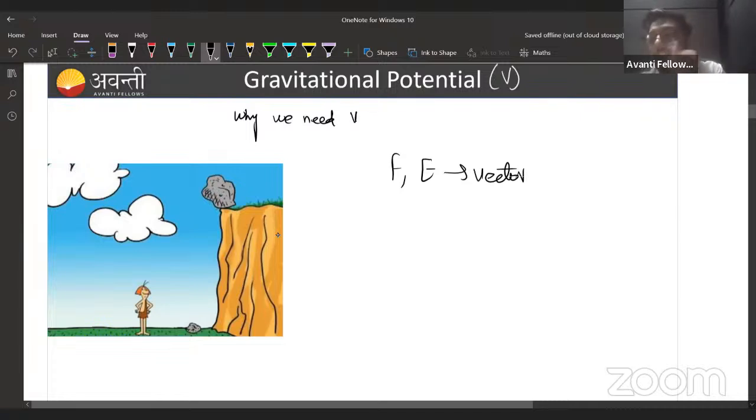Because a scalar quantity is easy to deal with, we first calculate V, and after that we convert it into gravitational field and gravitational force. As simple as that. Hopefully this is clear.